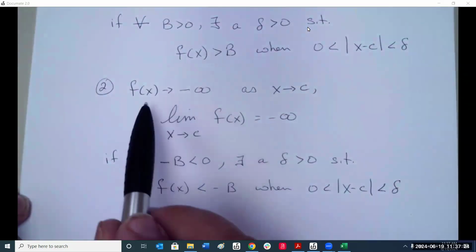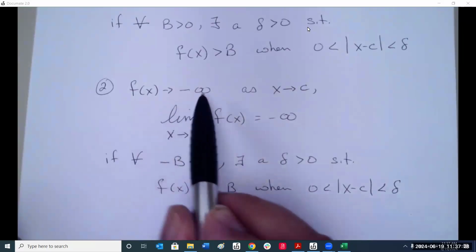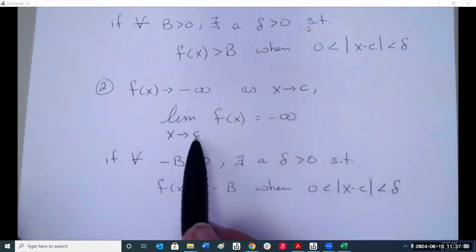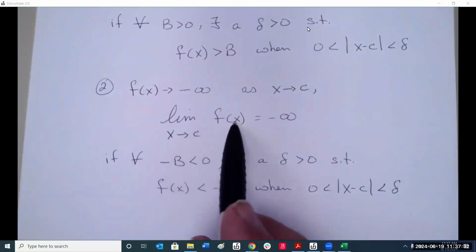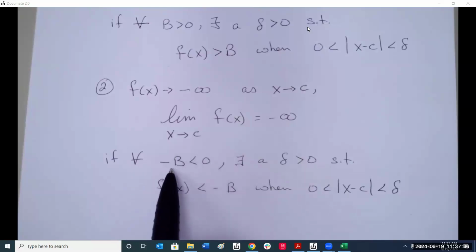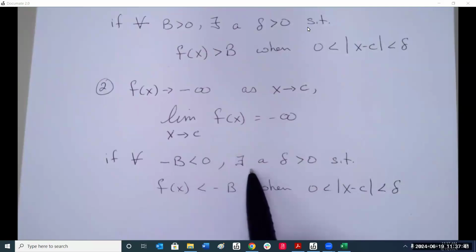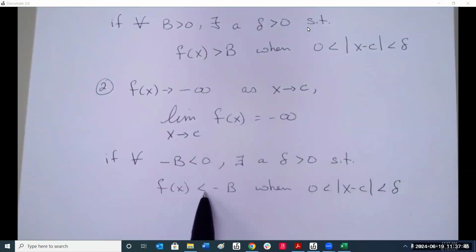Now for the negative side: if the function f of x approaches negative infinity as x approaches c, written this way, limit of f of x as x approaches c equals negative infinity, if for every negative b less than 0, there exists a delta greater than 0 such that f of x is less than negative b whenever that same condition exists with the x.